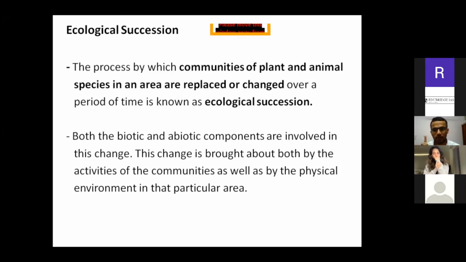So it is abiotic components also and biotic components also. That means, suppose there is excessive feeding of a larger species on a smaller species, eventually that smaller species may go extinct because of excessive exploitation. Fine. So it is both biotic and abiotic components which lead to ecological succession.